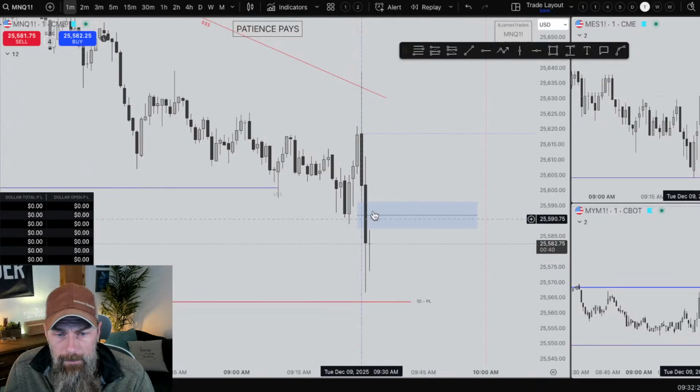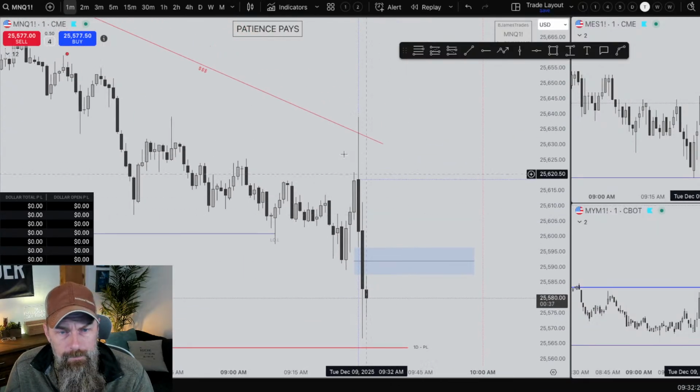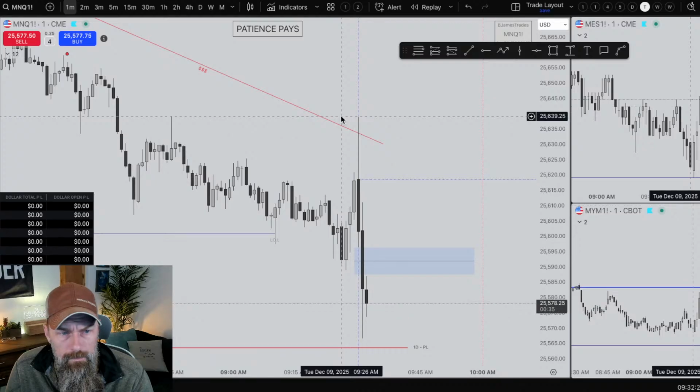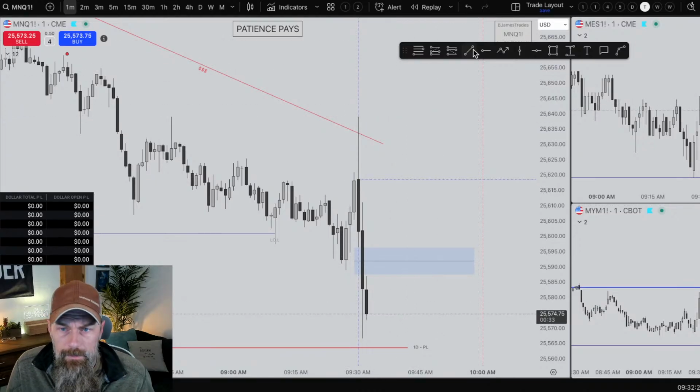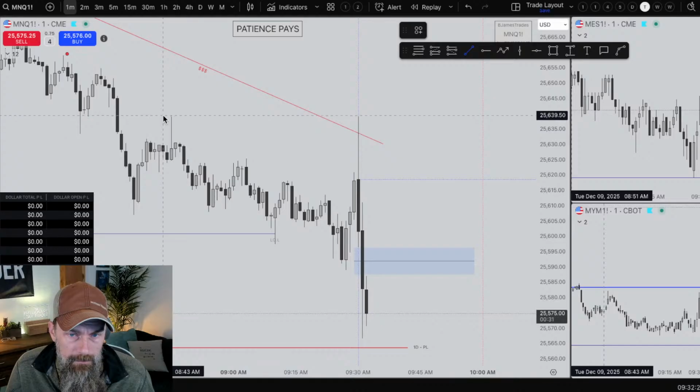So let's see if a gap forms here. We did create, look at that, relative equal highs.